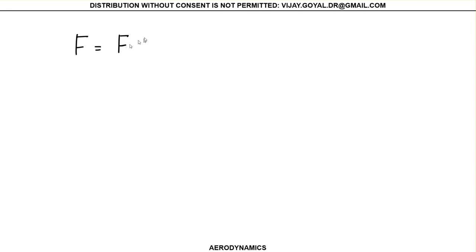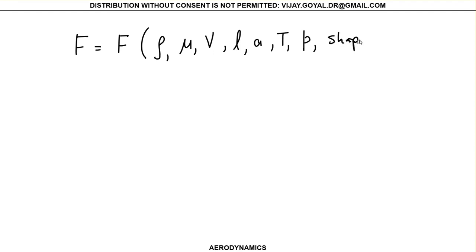Let's suppose that property f is a function of density, viscosity, speed, length dimension A, temperature, pressure, shape, and the list can go on and on. Note, just for clarification, gravity is not significant.